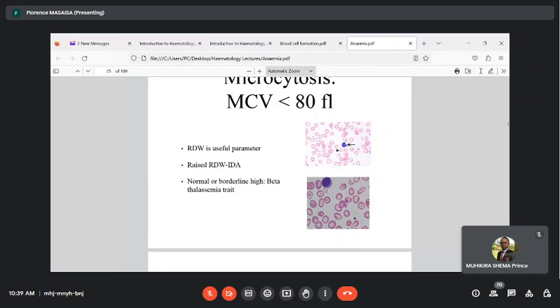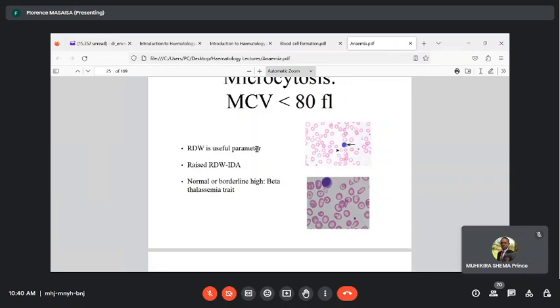So these are hypochromic microcytic red cells, which are usually seen in which condition? Who can tell us? Microcytic hypochromic anemia is seen in which condition? Iron deficiency. Iron deficiency is the leading cause of microcytic hypochromic anemia, followed by beta thalassemia and so on.